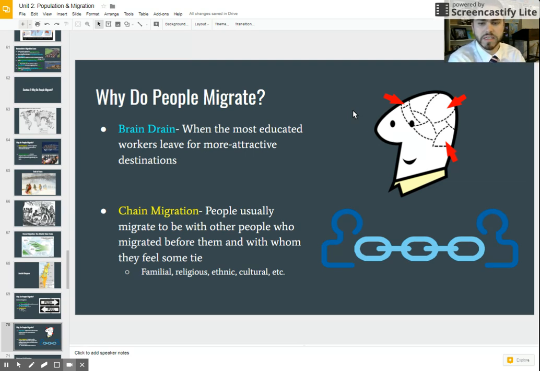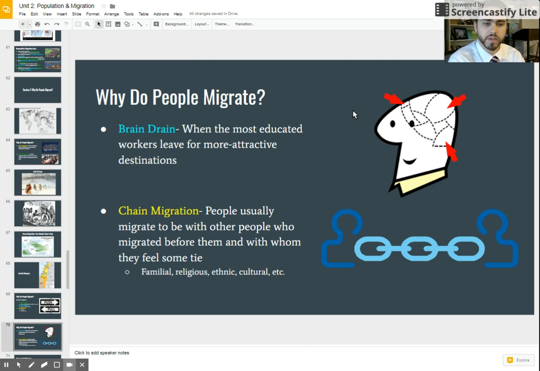Obviously, that's a pretty easy decision. But that creates a problem for these lesser developed countries, that the people that would be running their economy and helping make their country a better place are oftentimes leaving for a better life elsewhere. And so what do they do about that? They try to offer incentives, but really, how can they compete with the U.S. and Japan and some of these other places that really want these great skilled and educated workers?